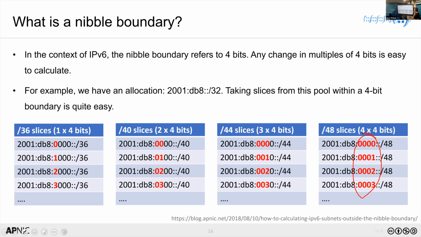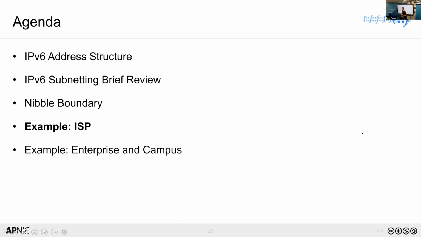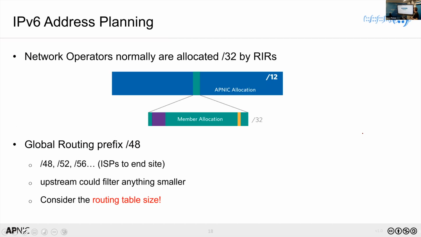But like I said, at a macro level, we may actually do something different. So let's look at an ISP or a large network with big geographic spread, for instance. So I've mentioned this a few times. Normally, RIRs allocate a /32. Now, as APNIC, when we're allocating, we do a fairly sparse allocation.